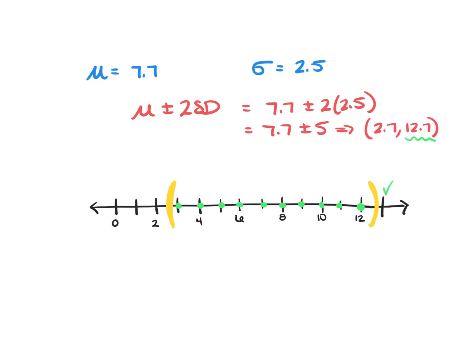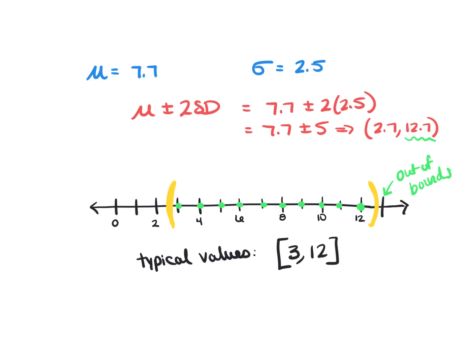But 13 is out of bounds. So 13 is not a typical value. So in this case, our typical or usual values would start at 3 on the low end and go up to 12 on the high end.